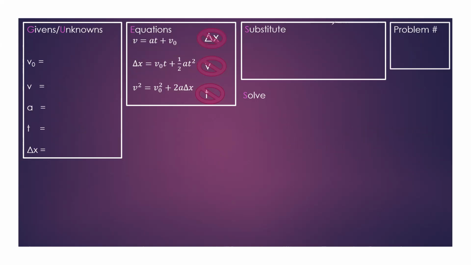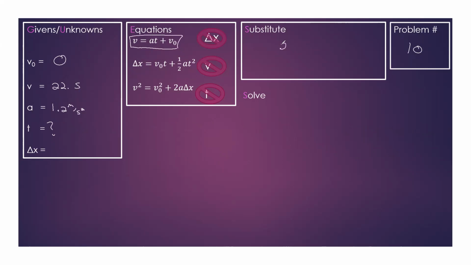And finally, hopefully without the stupid unit conversions, problem 10. A snowmobile reaches a final velocity of 22.5 meters per second after accelerating at 1.2 meters per second squared from rest. How long does this take? Don't care about delta x. Here's my equation.